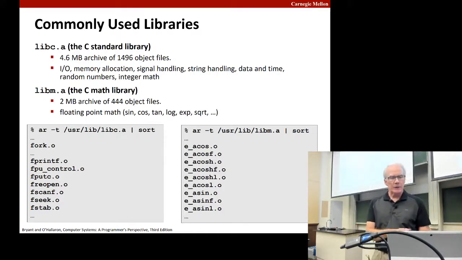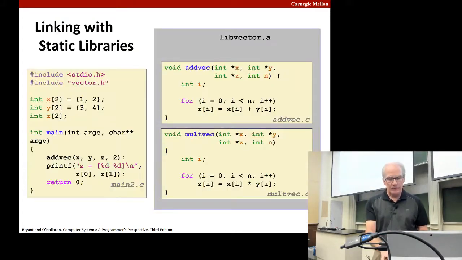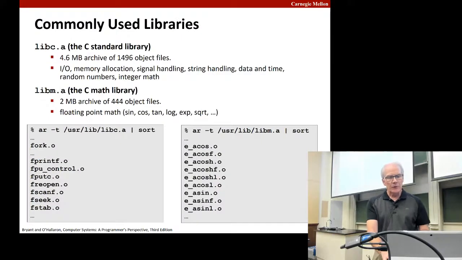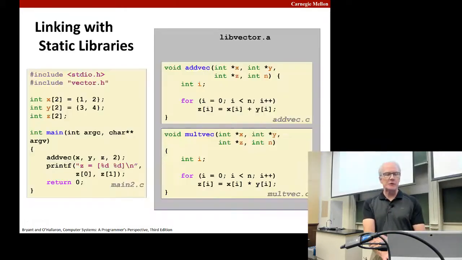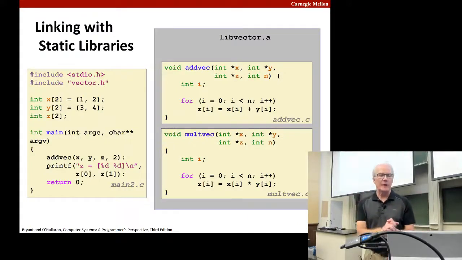So I can actually simulate this myself. If I have some other library I want to use and statically link it, I can do that the same way the C library is.